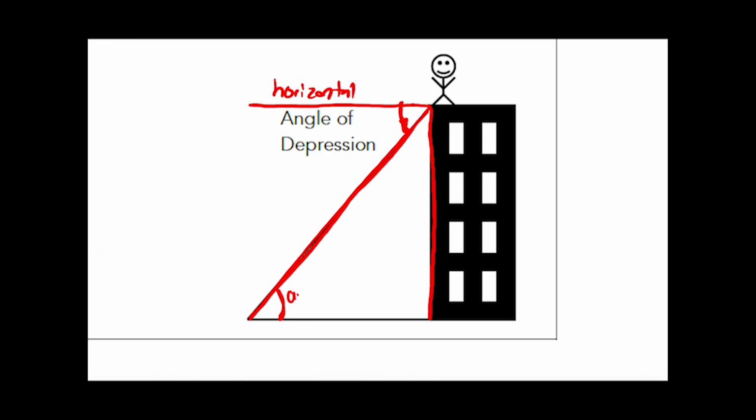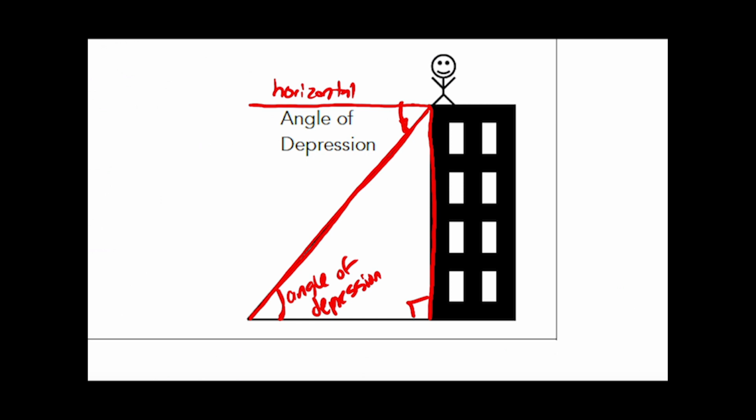So this is also equal to your angle of depression. And then there's your right angle. So on angles of depression, make sure you draw a correct picture so you can get the angle in the right place. The angle is not up there, it's down here.